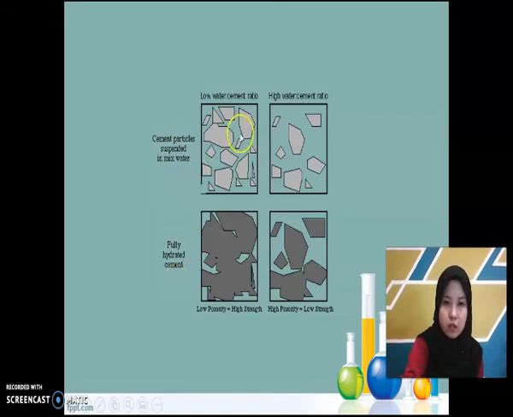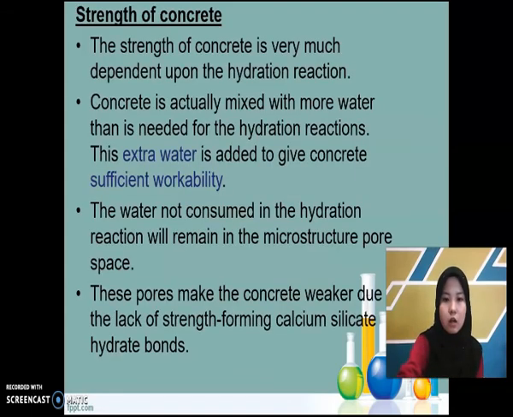Okay, you can see here the space here, we call it pores, and when we put too much water, the water will stay in the pores, so there is a lack of silicate hydrate bonds.